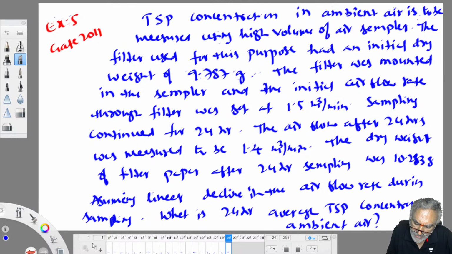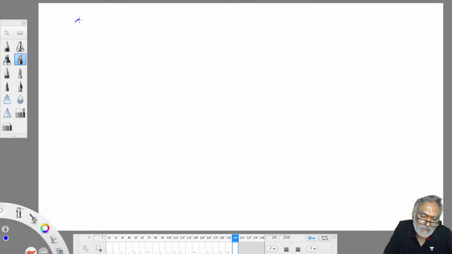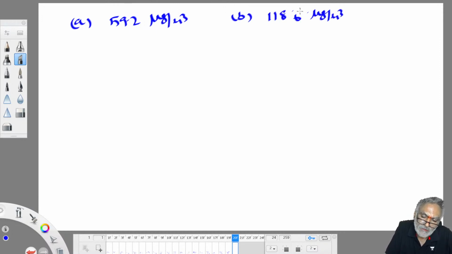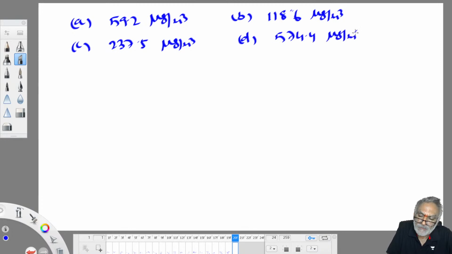That was the question. Options are given. A, 59.2 microgram per meter cube; B, 118.6 microgram per meter cube; C, 237.5 microgram per meter cube; D, 574.4 microgram per meter cube. Come on, work it out. So simple, so easy. What is the initial weight, what is the final weight? That is important.